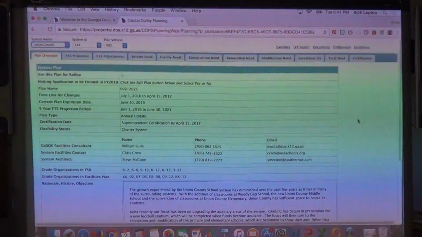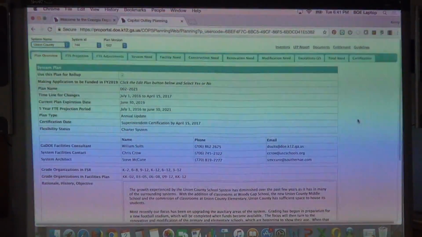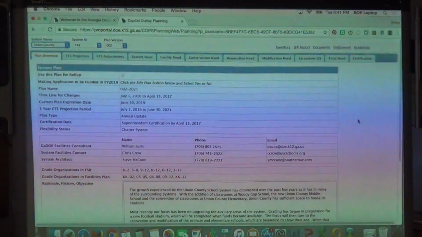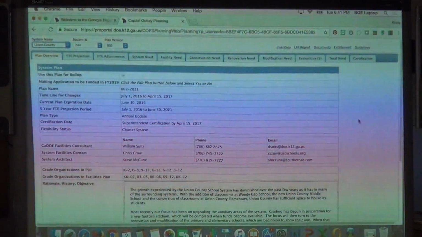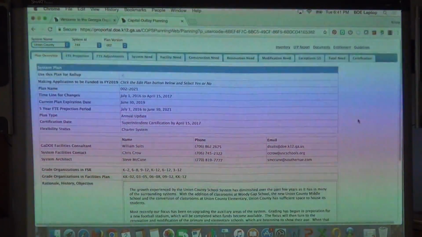Your expiration date is July 30th of 19, so in the year 2019, we'll redo a whole new plan. I didn't realize it had been that long since we've done it. It's about a 4-year plan. They say it's a 5-year plan, but actually by the time you get it renewed, you're already a year into it, so it becomes a 4-year plan.